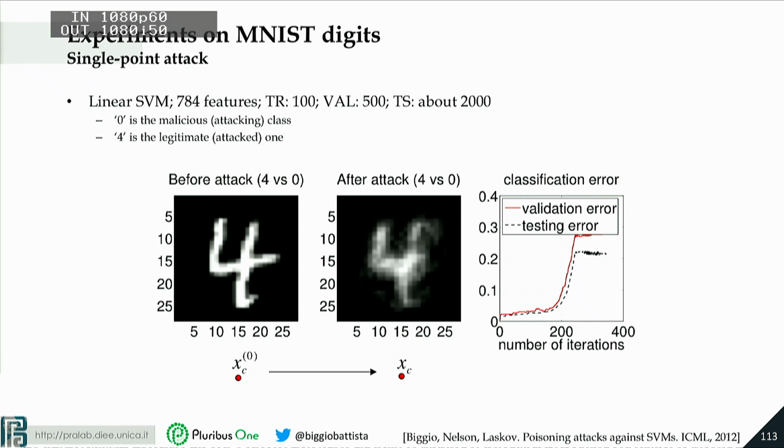The testing error goes up to more than 20%, just by adding one image out of 100 training points. So the attacker is just controlling 1% of the training data. With 1% of control over the training data, you can essentially send the error from 0 to 20%. And in many applications, this is already enough to make the system inaccessible to legitimate users. So it's effectively a denial of service.